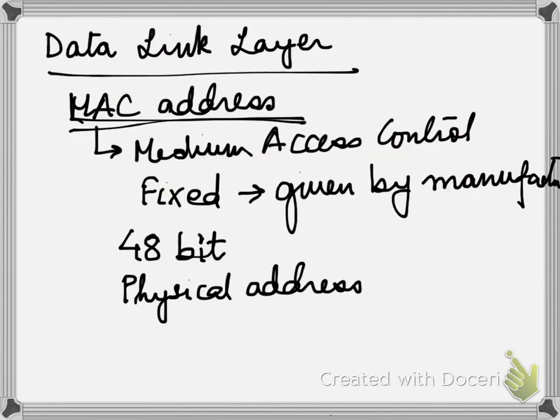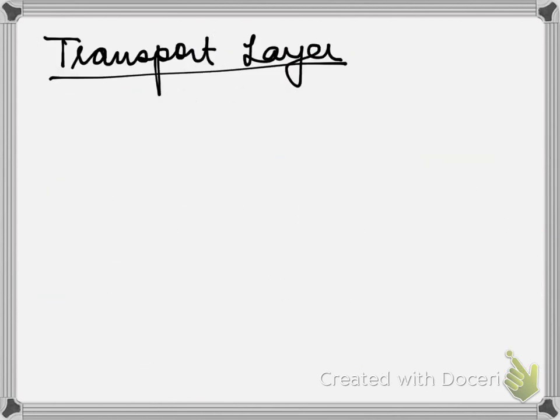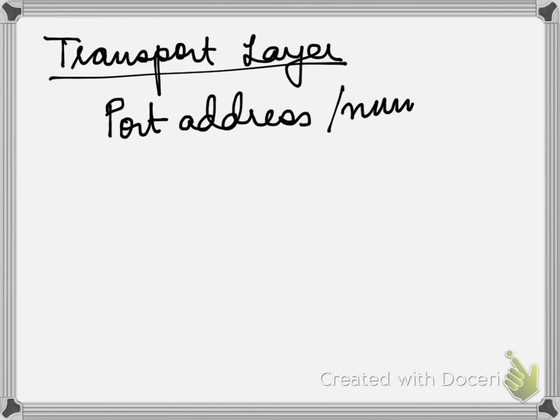Different processes running in different machines have to be given an address. This address, which is given at the transport layer level, is known as a port address, also called the port number. These port numbers can be both fixed as well as dynamic.